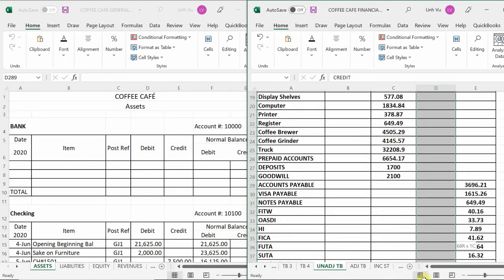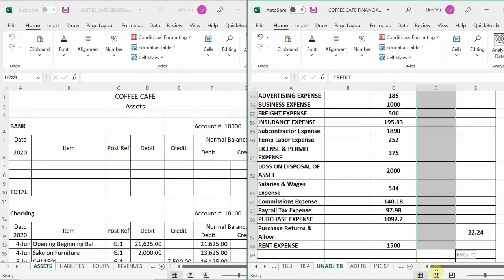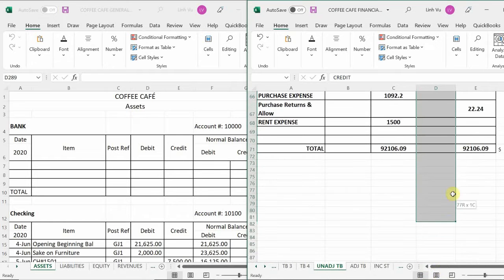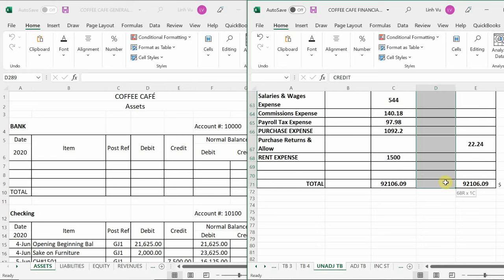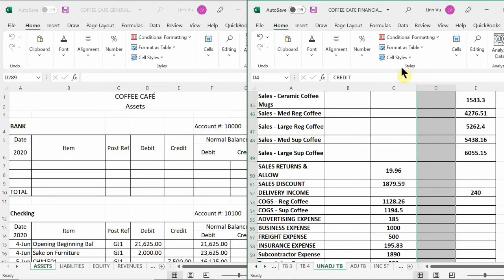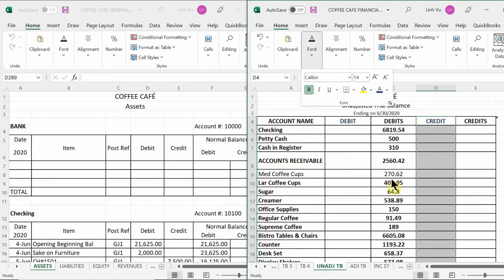Because the left side's going to be the main accounts. The right side is going to be all the accounts, or sub accounts if you want to put it that way. So then now I can tell the difference between them.